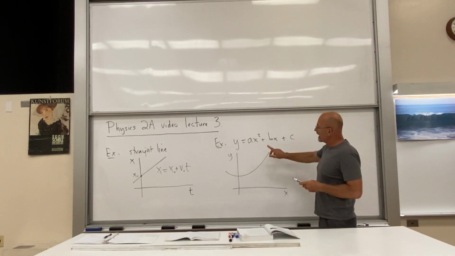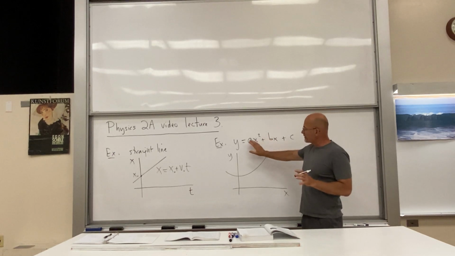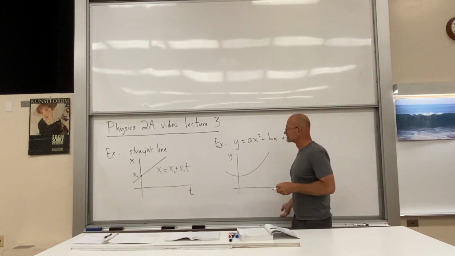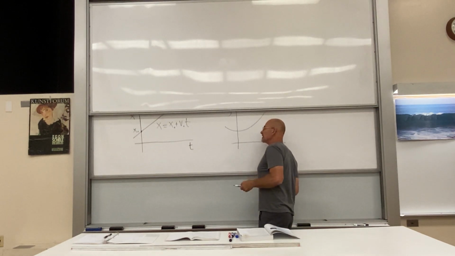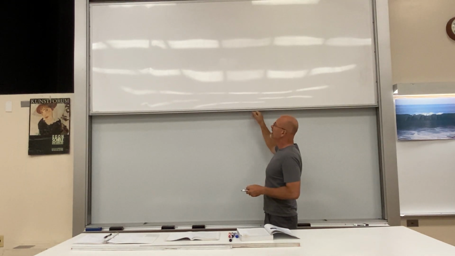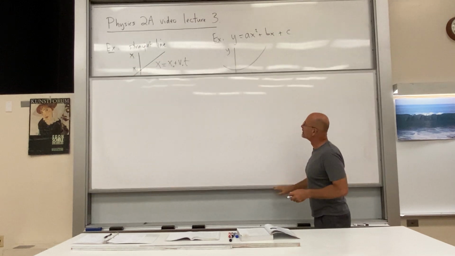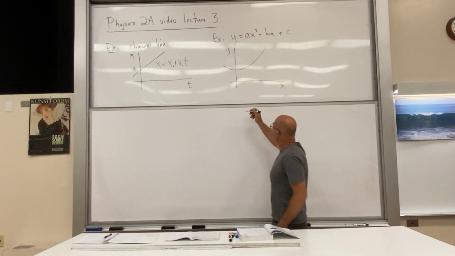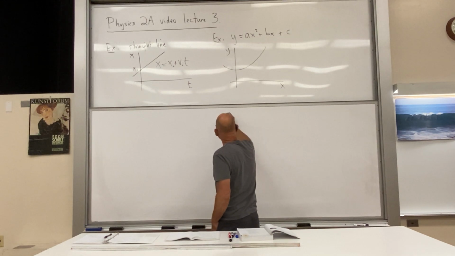So let's see what we would have in physics, and this example I'm about to give you will be coming up next week or the week after. Actually in chapter 3, so that would be a couple of lectures downstream from here. So what do we have that looks like this in physics?